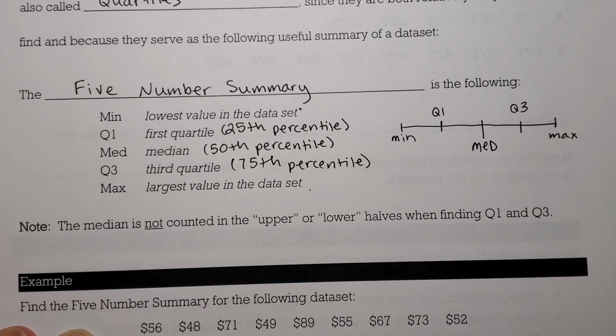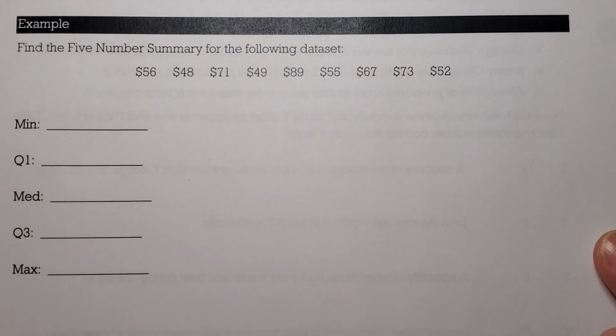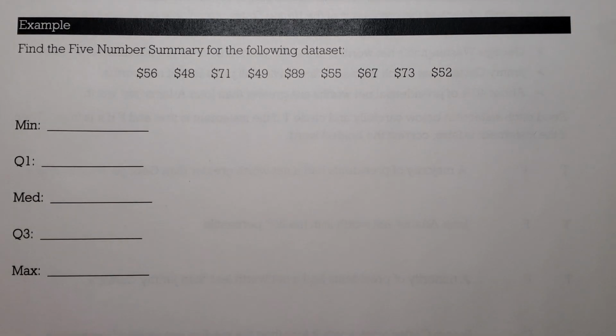So we're going to do a couple examples of finding a 5-number summary. Sometimes a little bit of trickiness happens, sometimes it runs pretty smoothly. So we'll see what happens in these examples. We don't know what these values are, they're just monetary values. So we're going to find the 5-number summary.